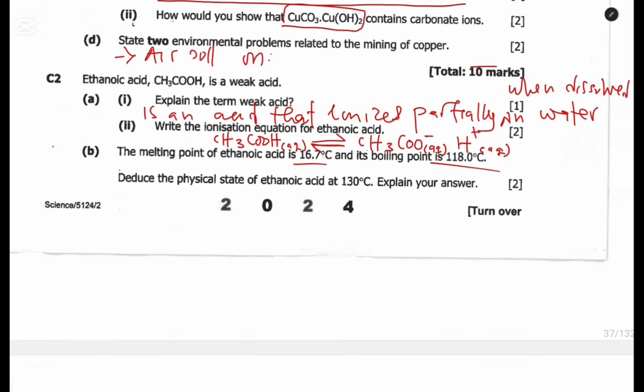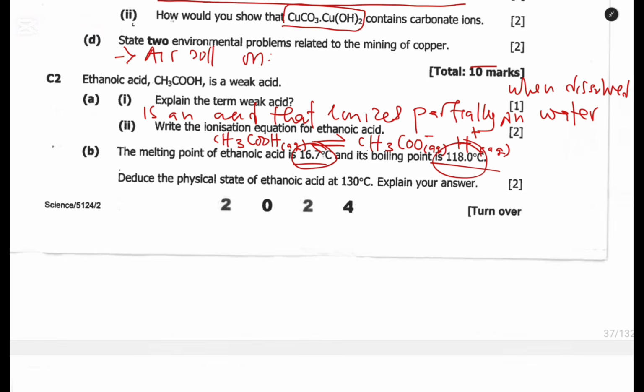Deduce the physical state of ethanoic acid at 130 degrees Celsius. Explain your answer. As you can see, the melting point is 16 and the boiling point is 118. The boiling point is the point at which the acid begins to boil, and when it begins to boil, there's a change of state from liquid to gas.